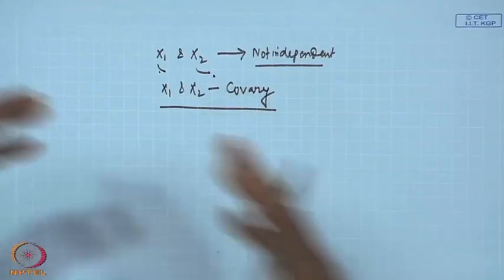If they co-vary, there is covariance, meaning an association between the realizations of the values of x1 and x2.